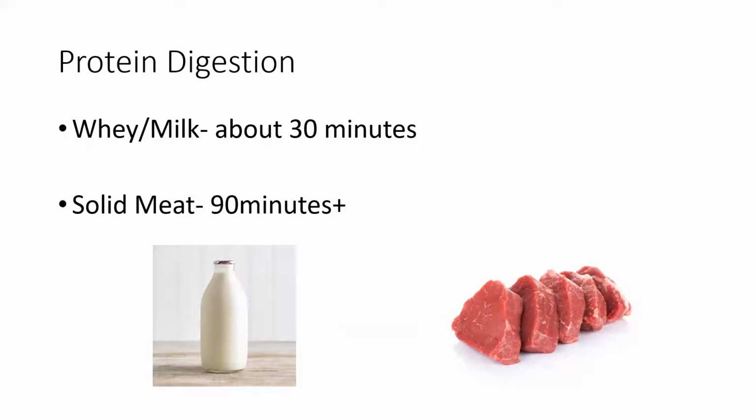Whey protein is a fast digesting protein compared to solid meat protein, which takes slightly longer, 90+ minutes for you to digest all of that protein and get it to be usable within your body.